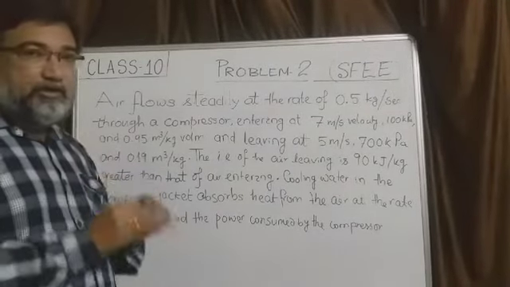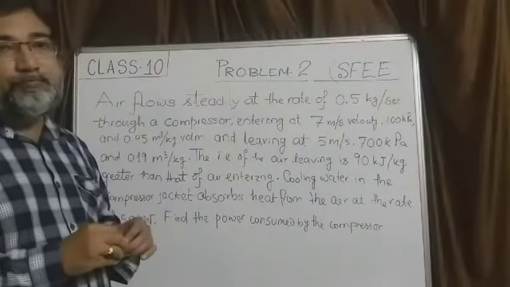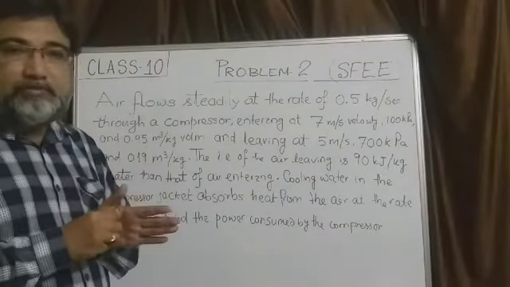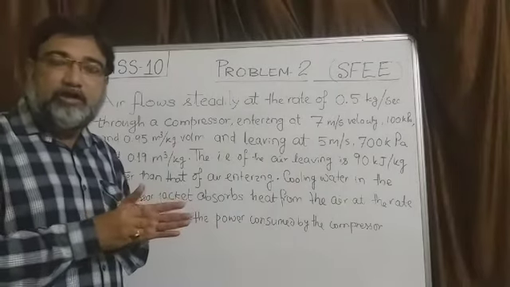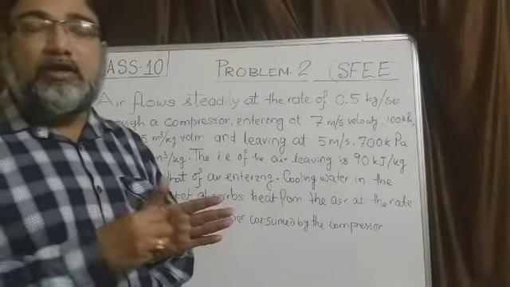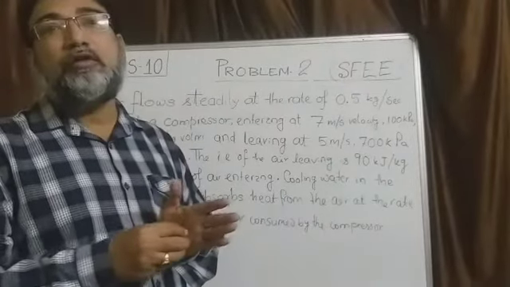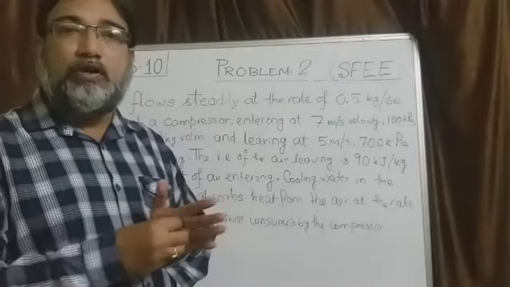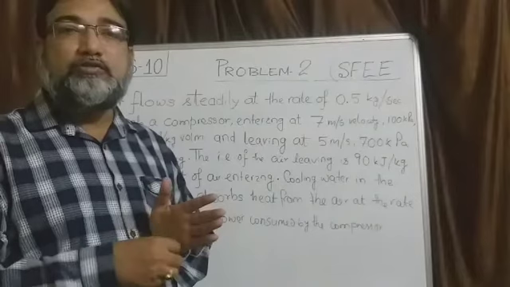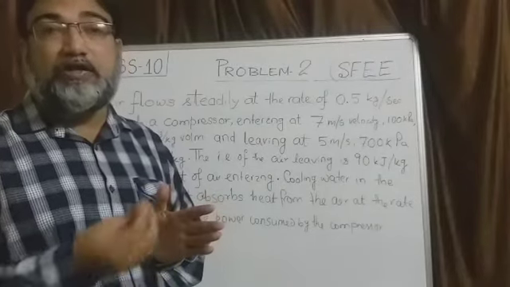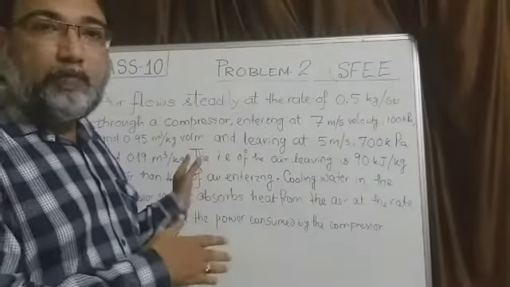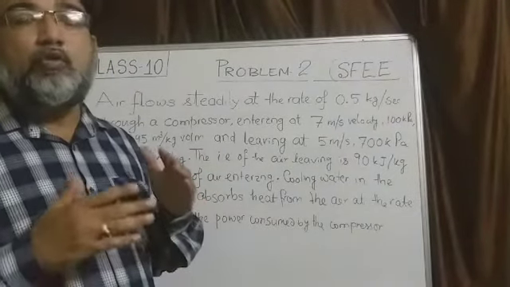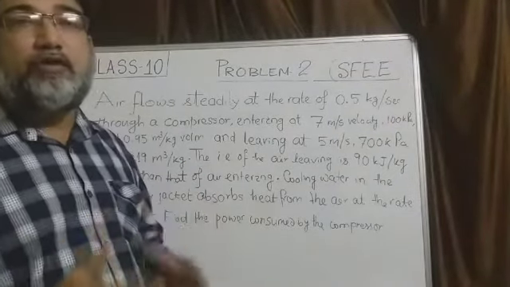We will identify the device, then identify different terms like velocity term, like the z, the height from the datum, like the internal energy or enthalpy, like the power consumed or power delivered, or heat transfer taking place during the process. We will try to search within the problem whether the quantitative information about these things is given or not.